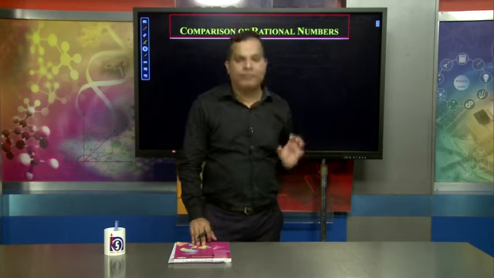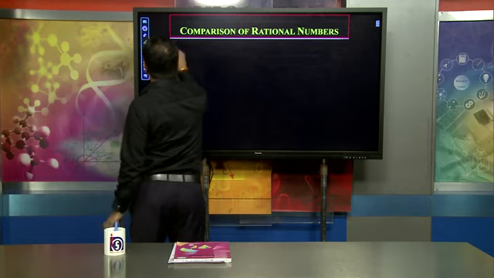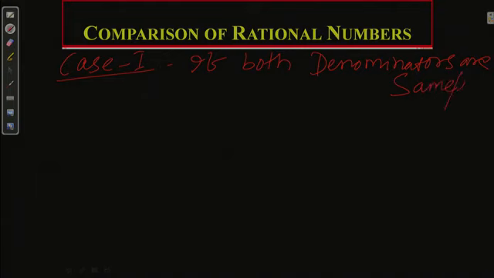Case 1 is if both denominators (D stands for denominator) are the same, means equal.